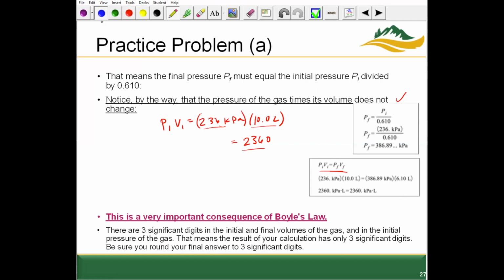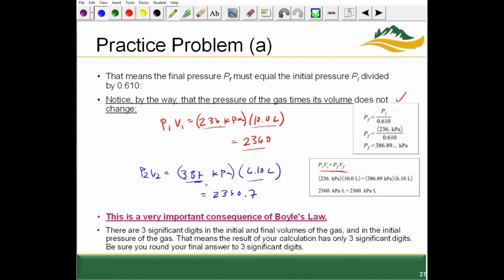Now let's see if this holds. What's P2 times V2? So 387 kilopascals, like we just calculated, multiplied by 6.10 liters, the second volume. So 387 times 6.10 is equal to 2360.7.